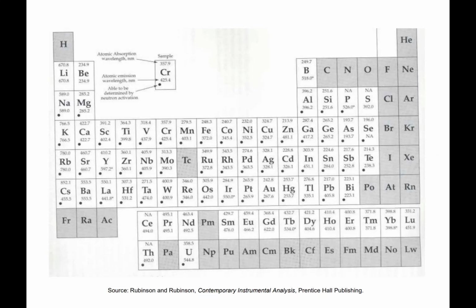It needs to respond linearly, which means you're going to make a calibration curve. So these are the metals that you can see here. You can measure those and leave out the non-metals. For the most part, those metals you can analyze.